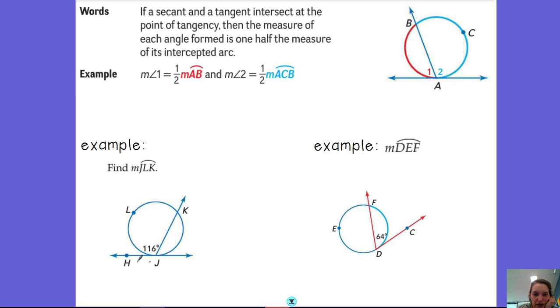So in this example, angle HJK is 116 degrees. So that angle HJK is going to be half of the measure of arc JLK.